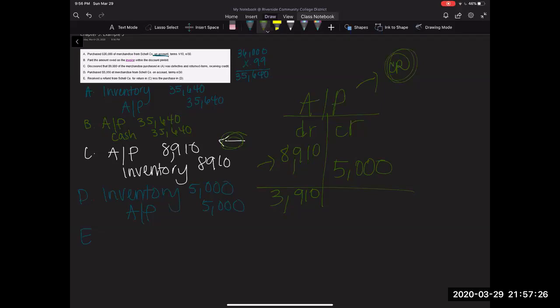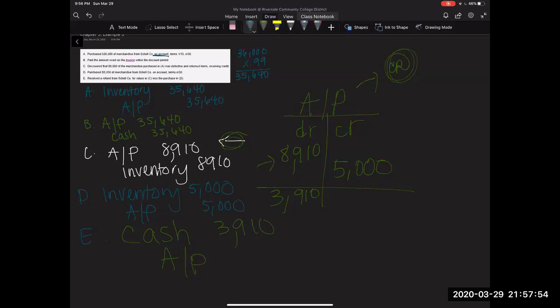And so now they're asking us to journalize the refund that they're going to give us, all right? The way we're going to do this is a debit to cash, because it's a refund, right? We're going to get our money back. So we're going to debit cash in the amount of $3,910. And our credit is going to go to accounts payable to offset this debit.